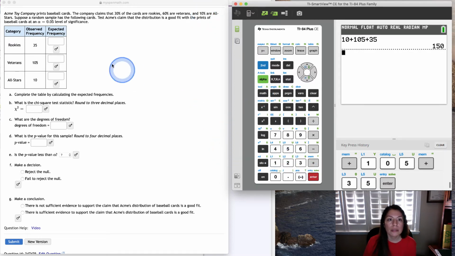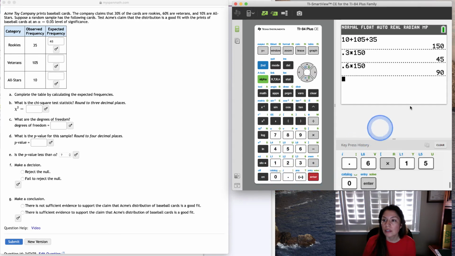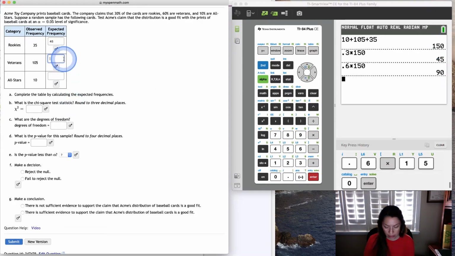So if I multiply the rookies percentage, 30%, by my sample, I should have expected 45 of these cards to be rookies. For veterans, I expected 60% of the 150 cards to be veterans, so I should have expected 90 out of the 150 to be veterans.